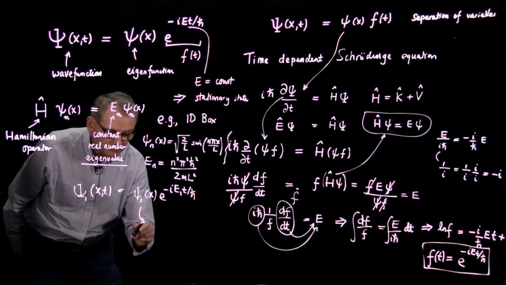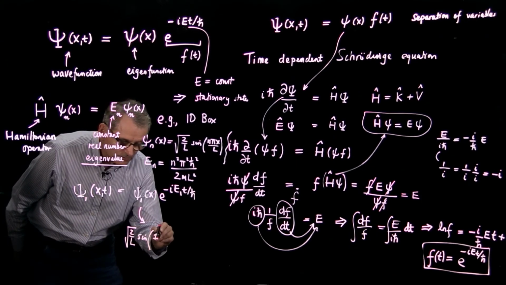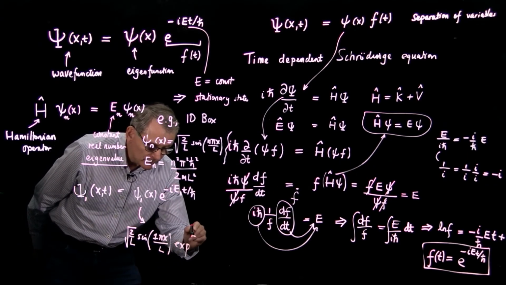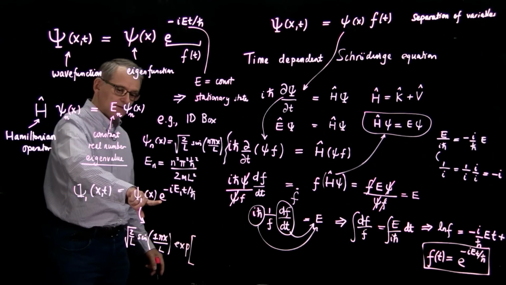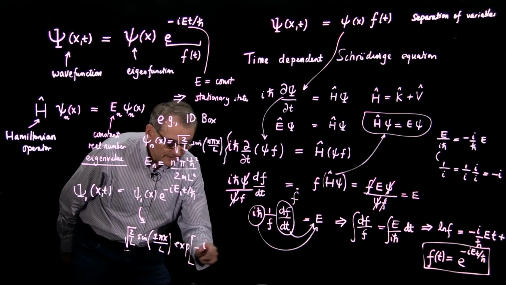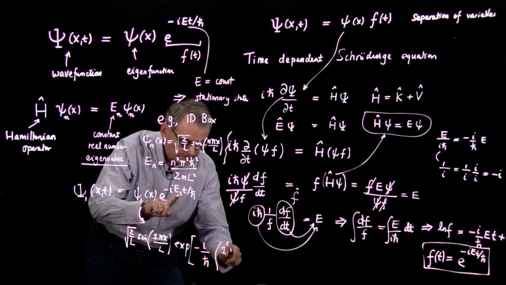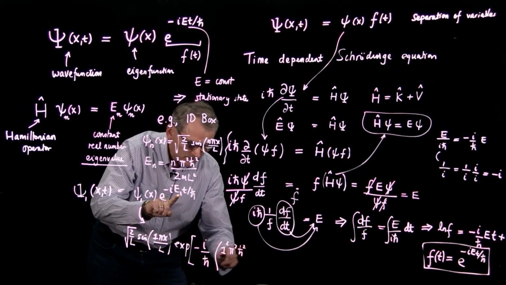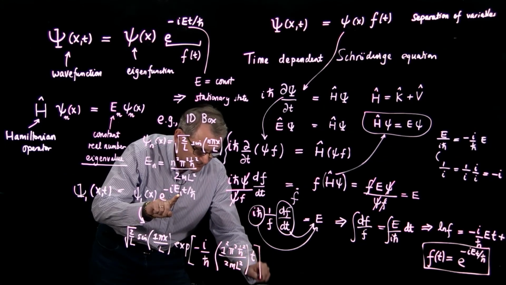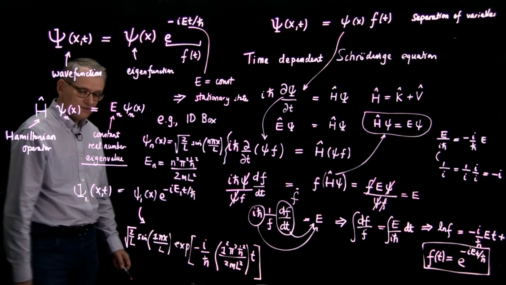And so if I write this out explicitly, it's root 2 on L, which is a normalization constant, sine of 1 pi x on L. And then I put in the exponential using exp rather than e because it makes it a little tidier to write. It's minus i on h bar, and then E1 is 1 squared pi squared h bar squared on 2mL squared, multiplied by t. And that would be the full wave function associated with this eigenfunction.